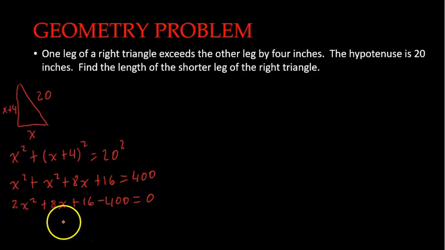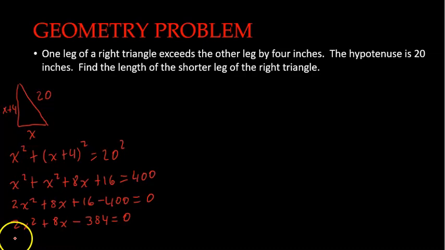2 times x to the second power plus 8x plus 16 minus 400 equals 0. Now we can add like terms. 2x to the second power plus 8x minus 384 equals 0. To solve this polynomial, first we can find the greatest common factor of the three terms.